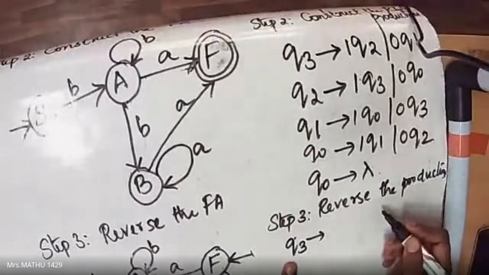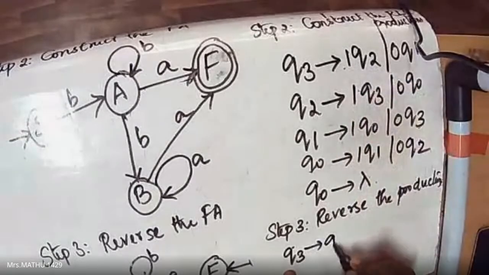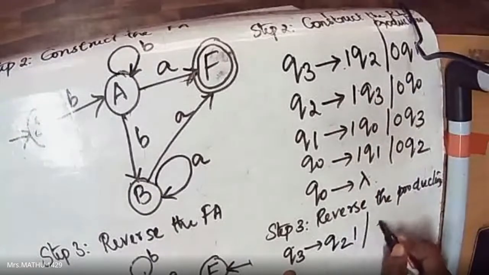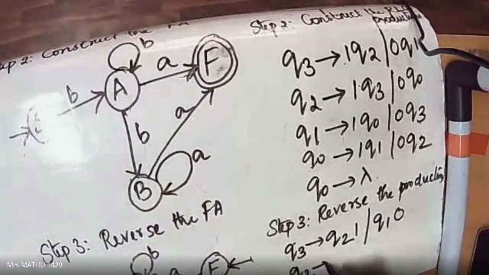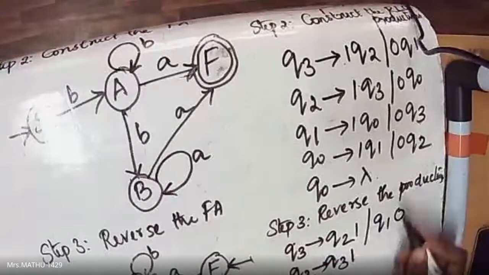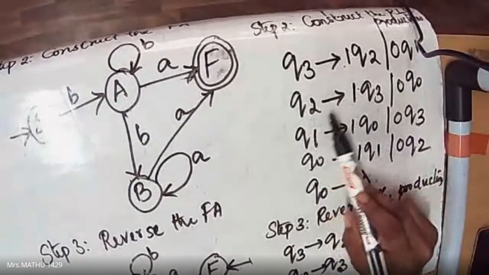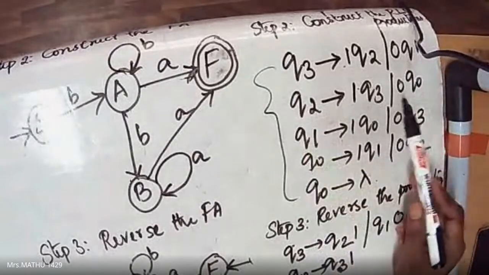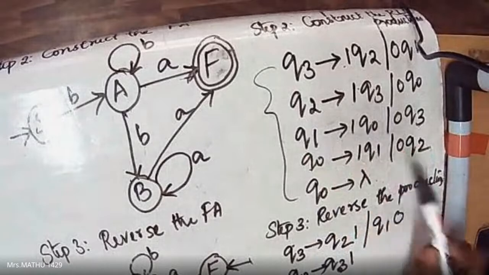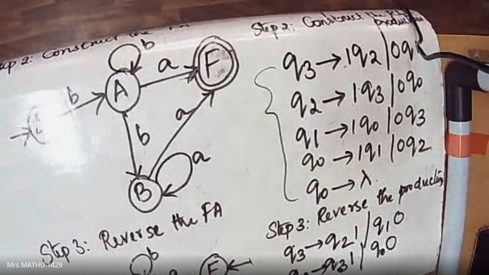So now when you are reversing the production, Q3 gives Q1, Q2 has to be written as Q2 1, and similarly Q1 0, and then Q2 gives Q3 1. I'm just reversing it, I'm not doing anything else. Just from the given productions above, I'm just reversing it. Q2 gives Q3 1, or Q0 0.